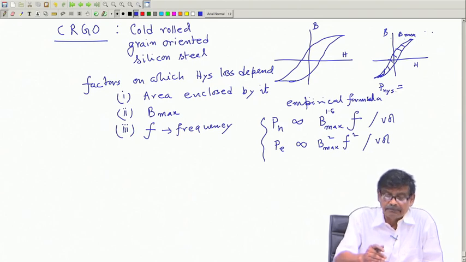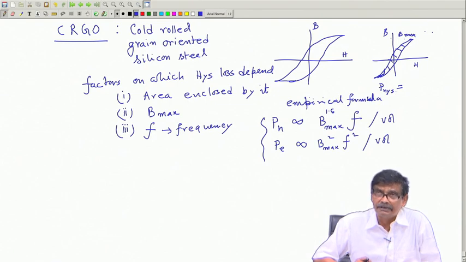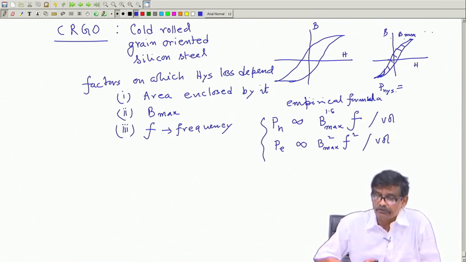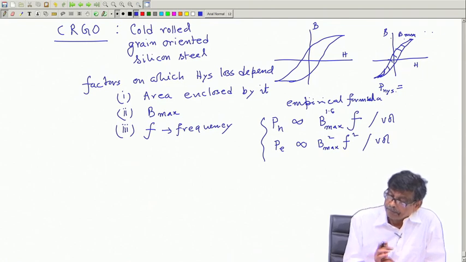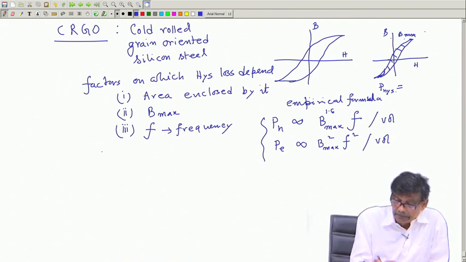Mind you, whatever I have done till now about eddy current and hysteresis loss, I have written some write up and it will be uploaded. So, read the lecture, listen to the lecture and also go through those lecture notes, where whatever I have done is done somewhat neatly. Anyway, this is the thing. Now, coming back to the practical transformer, in fact, we have digressed from this one, coming back.